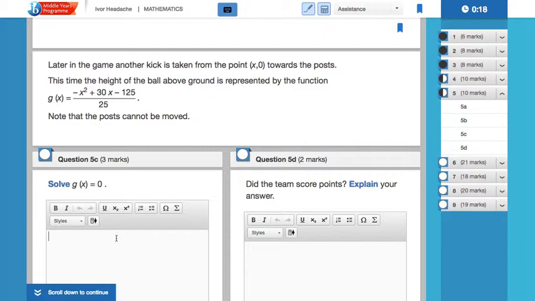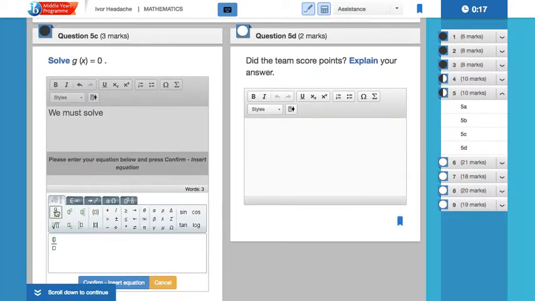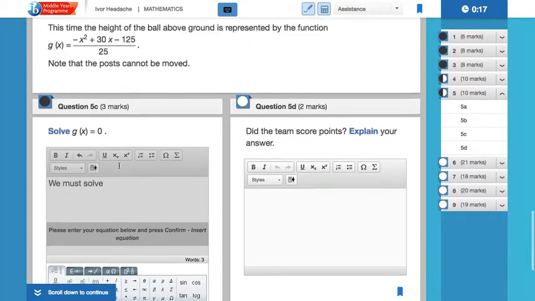So, into the equation editor, and we are trying to solve, I'll put we must solve, and then equation editor. So it's minus x squared, come out of the superscript thing there with the arrow keys, and then what was it?